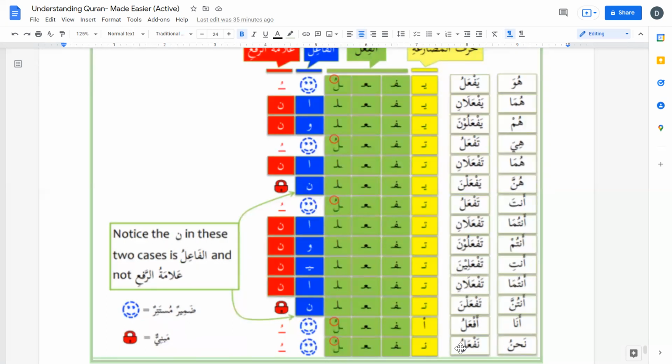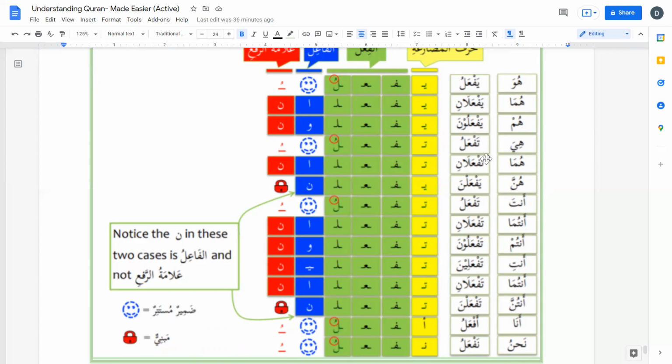They end in dhamma, so that's why they are categorized separately. All these five have a hidden doer, fa'il mustatir, or zamir mustatir. So yaf'alu has a hidden doer, which is 'he'.